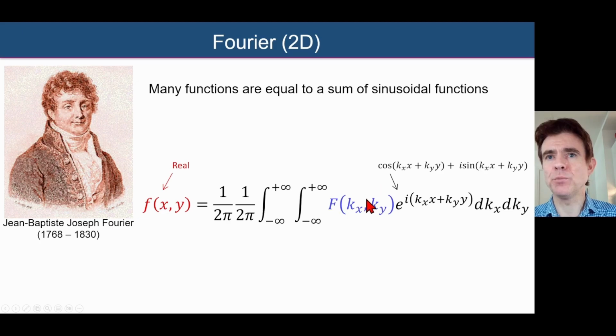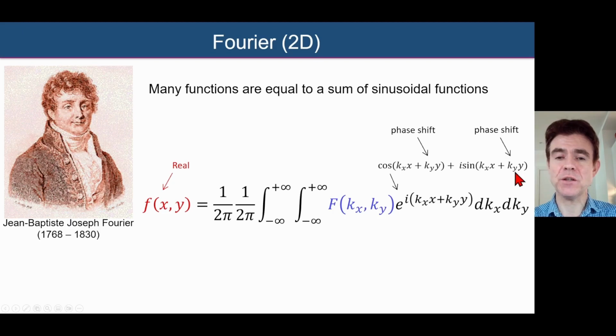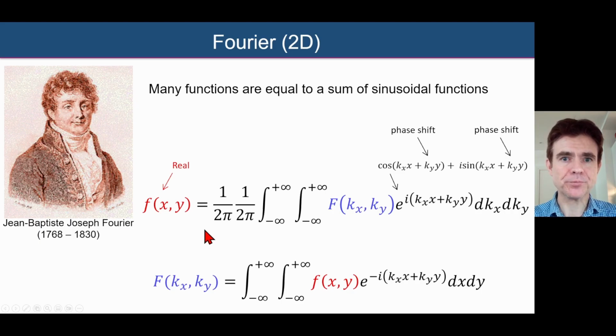And now a key observation is that this e to the i (kx x plus ky y) is none other than a cosine that has been phase shifted and a sine that has been phase shifted. So we'll be seeing in detail what that phase shift looks like for these 2-dimensional cosine and sine basis functions, which we are adding together with particular coefficients to reconstruct or synthesize our function f of x y.